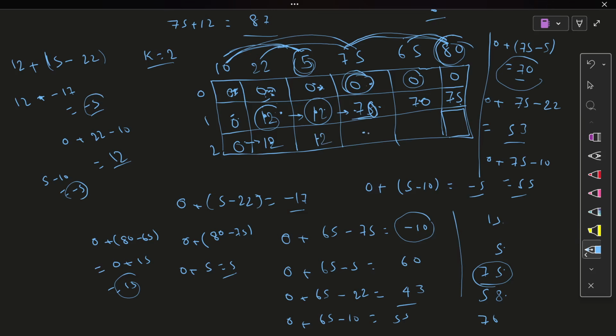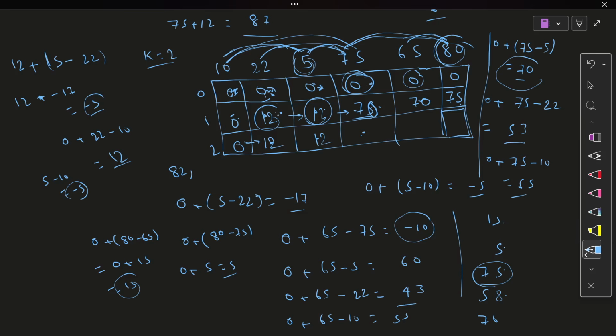For here, suppose 12 plus 75 minus 5. 70. 70 plus 12, 82. It will give 82. One answer is 82. Here, one transaction is completed, and we can do one more transaction. So 75 minus 5, 70 plus 12, 82.